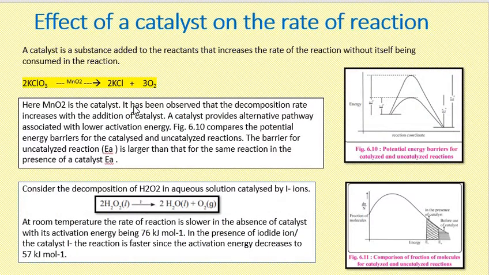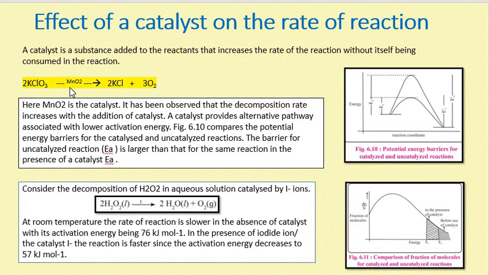Now, the next topic and the last topic is effect of catalyst on rate of reaction. We all know catalyst is the substance which increases the rate of reaction, and itself it is not being consumed in the reaction. For example, if I am taking potassium chlorate without catalyst, it will take time to convert into potassium chloride and oxygen gas.